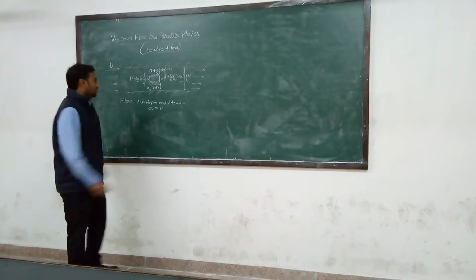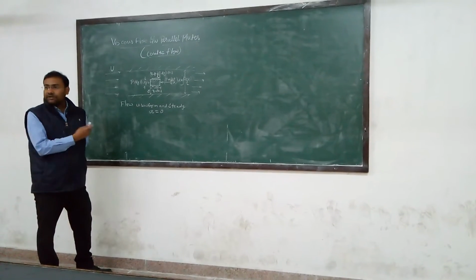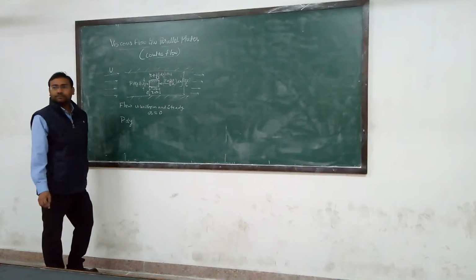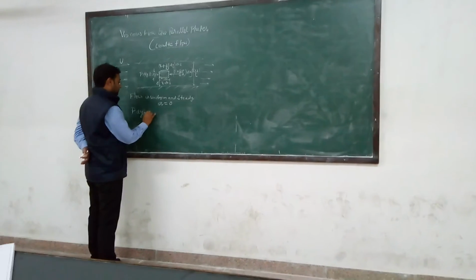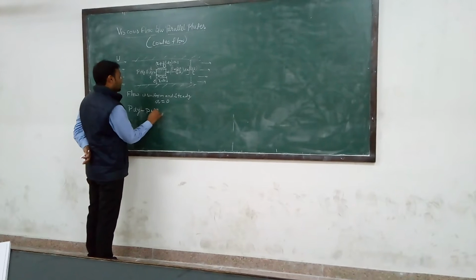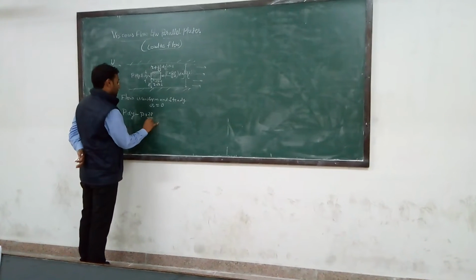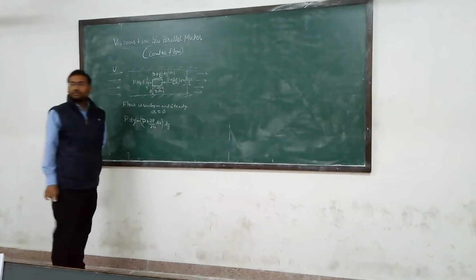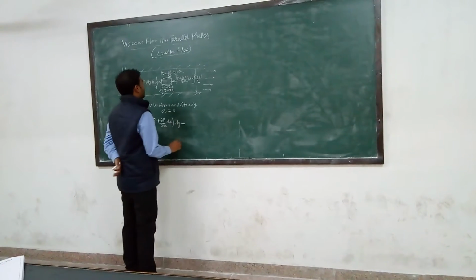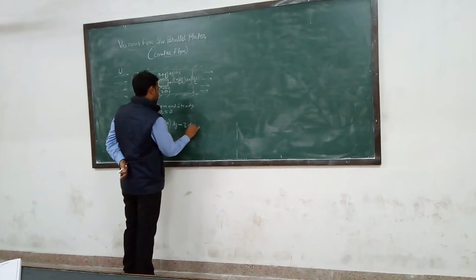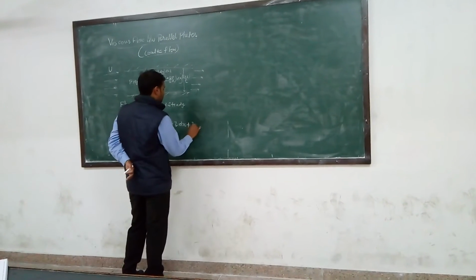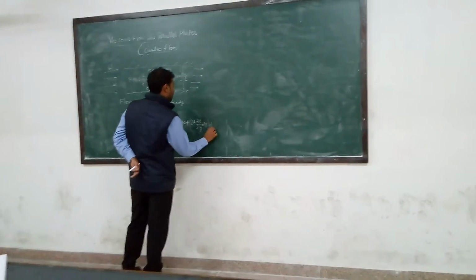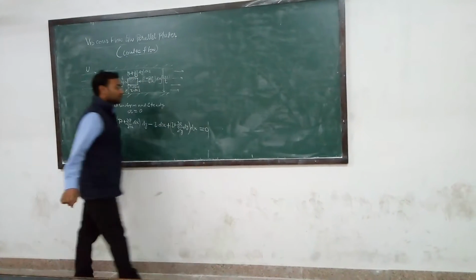Similar to the previous case. Now the net force on this element will be P into dy minus (P plus del P by del x into dx) into dy, minus tau into dx plus (tau plus del tau by del y dy) into dx, equal to 0.